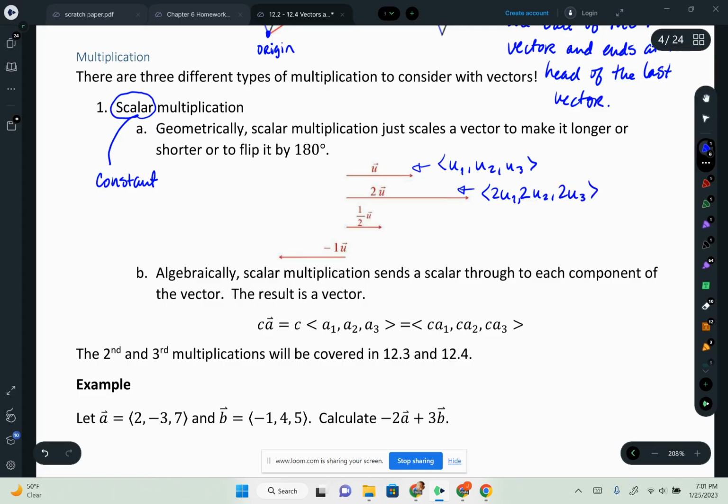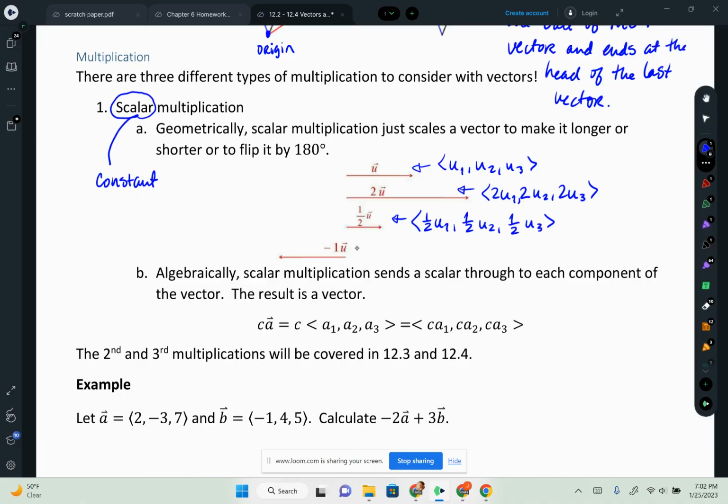So you could distribute that number all the way through. And if we are halving our vector, then it would shrink by half, and all of the components inside would also get shrunk by half. So this one right here would be 1/2 u1, 1/2 u2, and 1/2 u3.